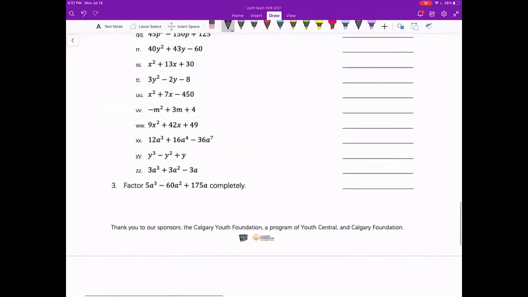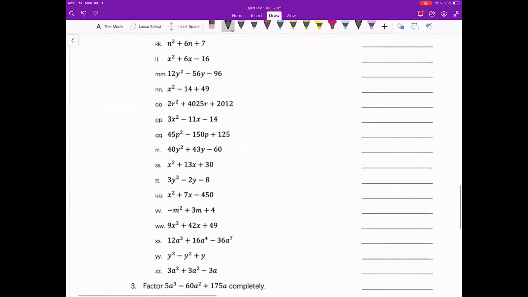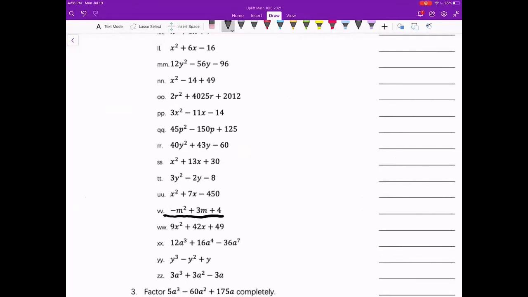Which one do you want? We can do a negative leading coefficient, like W. Is that two V's or a W? I think that's two V's.